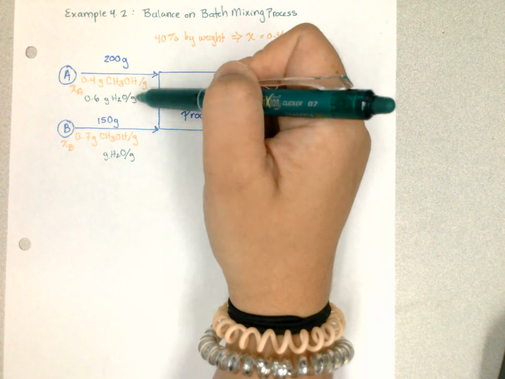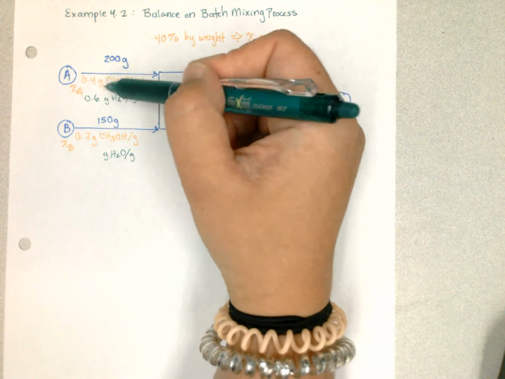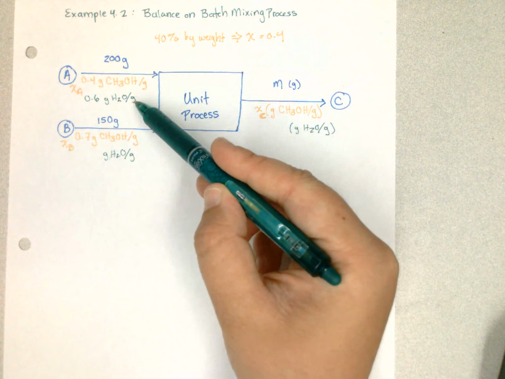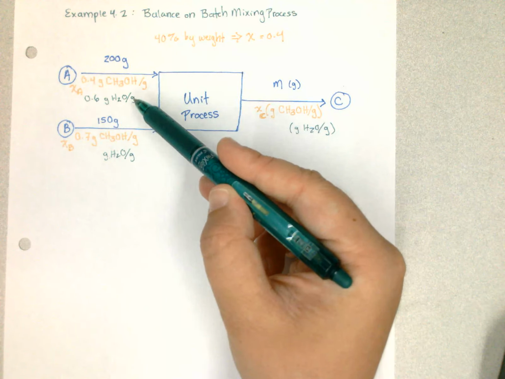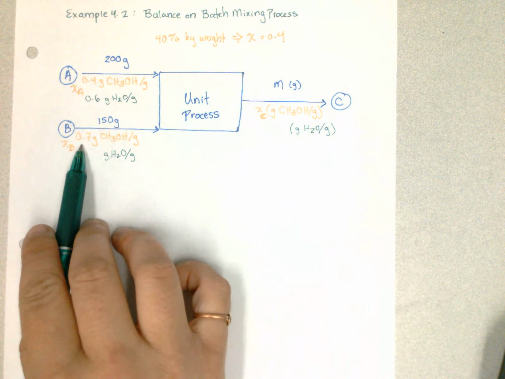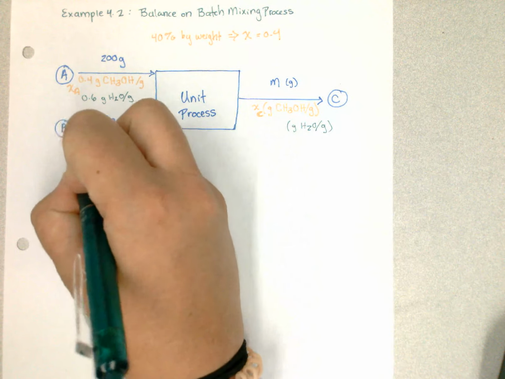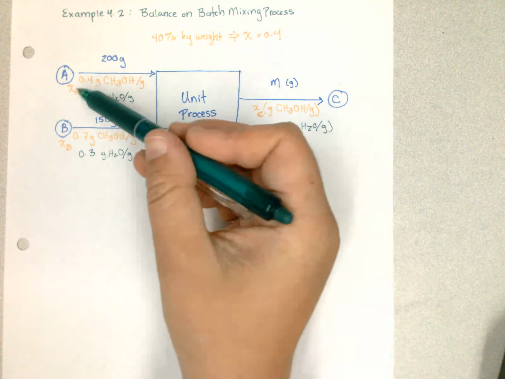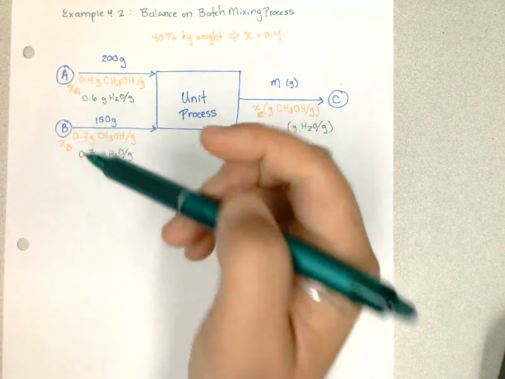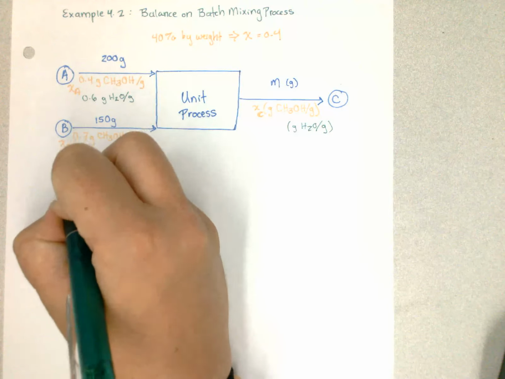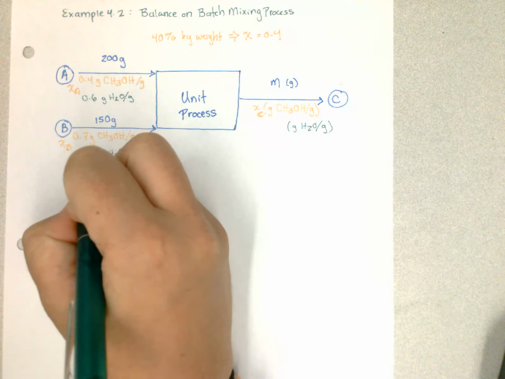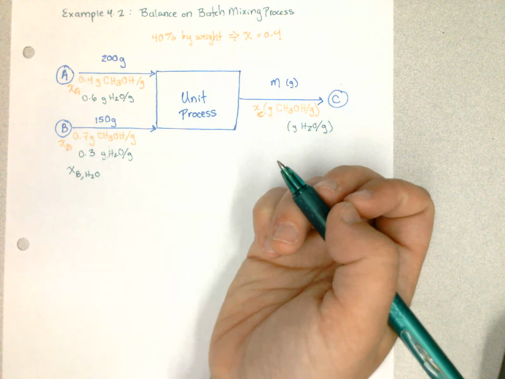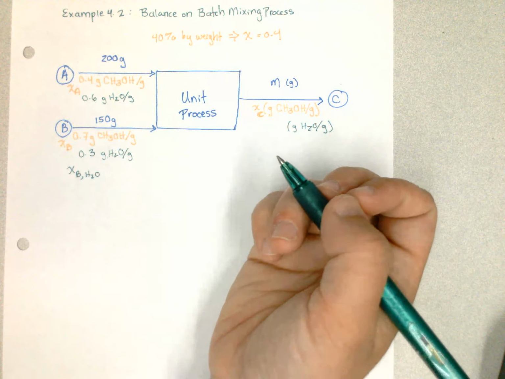If we have three species, these still have to sum to 1, but we can't automatically say that water is 0.6. By the same token, if this one is 70%, this one is 30%. We labeled these X sub A and X sub B, but really you'd want to say X sub B, comma, H2O.